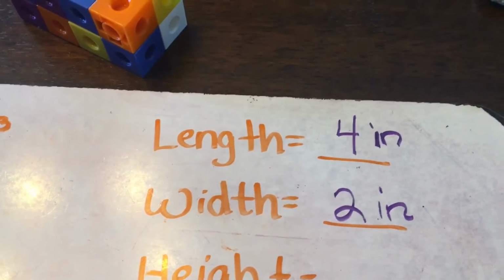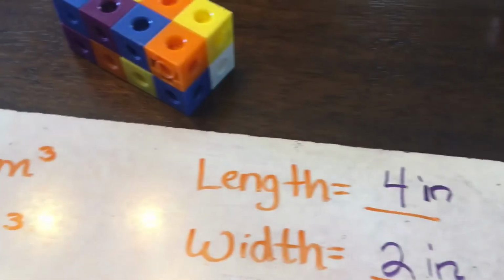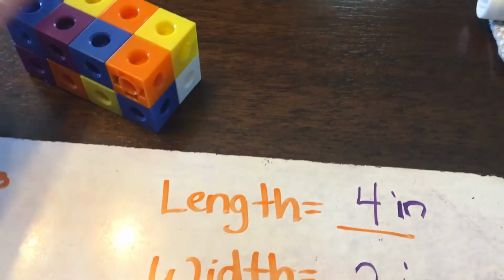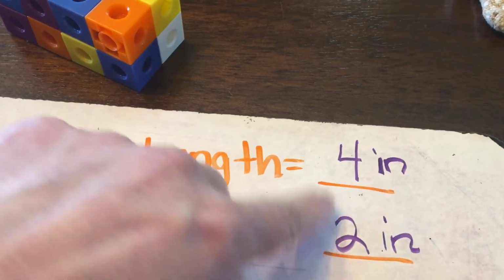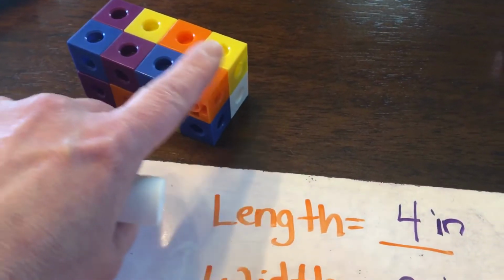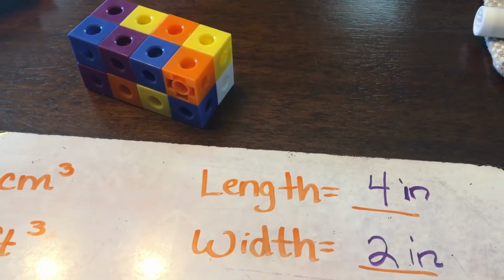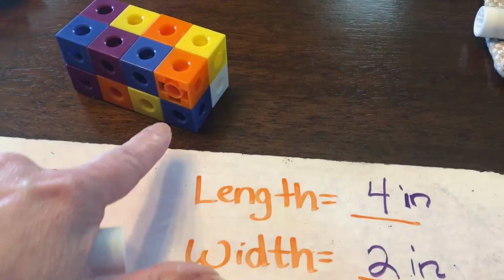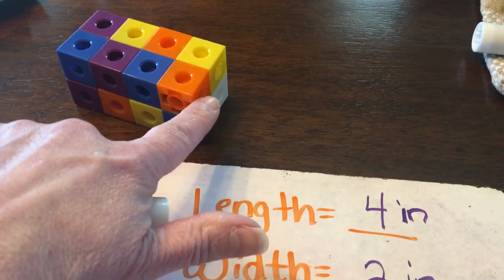That's actually the area of our figure, so that would be 1 layer. If I looked at a 4 by 2, I would have 8, and right here I have 8 squares. But to give it dimension and make it a 3D figure and give it volume, we have to look at the height. If I look up, I see 1, 2 layers.